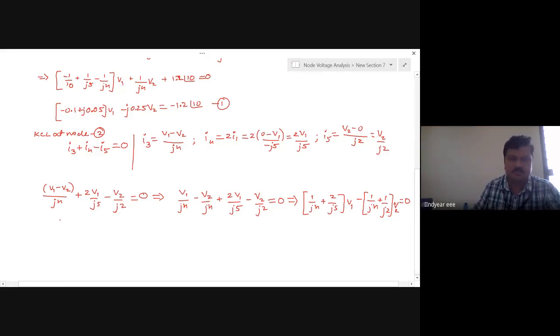So this comes out to be minus 0.25j plus 0.4 minus... minus 0.65j V1? Is it? This first bracket: 1 by 4 is 0.25, minus j0.25, plus 1 by 5 is 0.2, into 2, okay, 0.4.